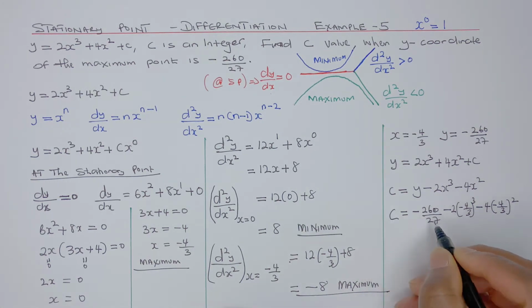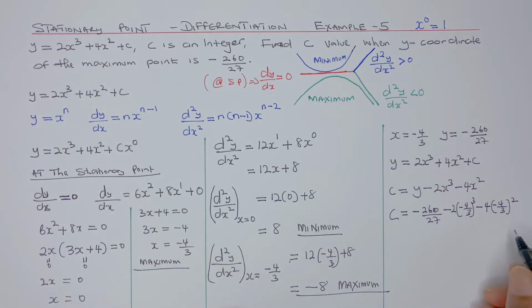So c equals, putting that into the calculator, you get c equals minus 12. So therefore, the original equation will then be y equals 2x cubed plus 4x squared minus 12.